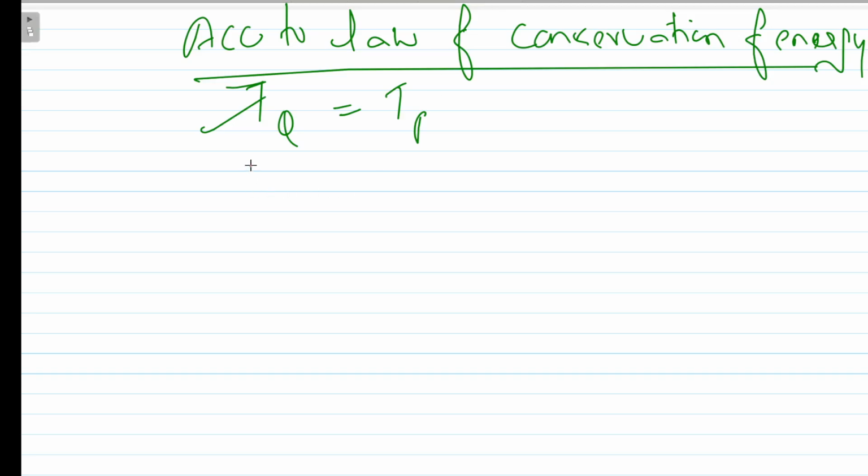So यहाँ पे kinetic energy, potential energy 0. Here we have both kinetic energy plus the potential energy.